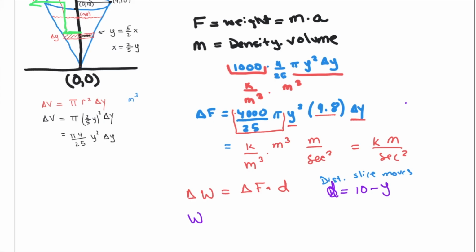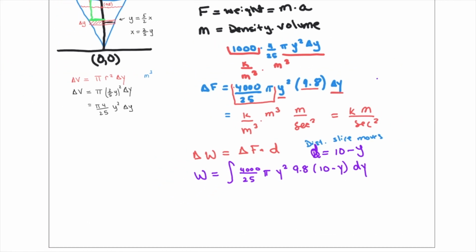So now the work equals the integral of our force, which is your 4,000 divided by 25. Then we'll have our pi, y squared. We're going to multiply it by 9.8. We have to multiply it by the distance that the slice moves. There's my 10 minus y. And then our delta y, which is going to be changed into dy. All right, now let's talk about endpoints for a minute.